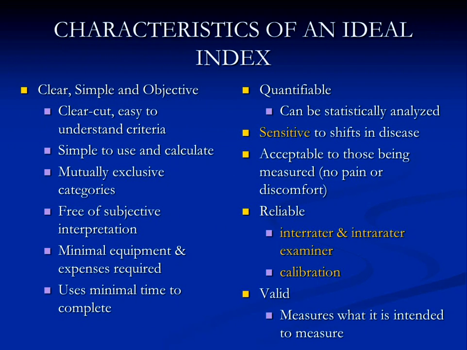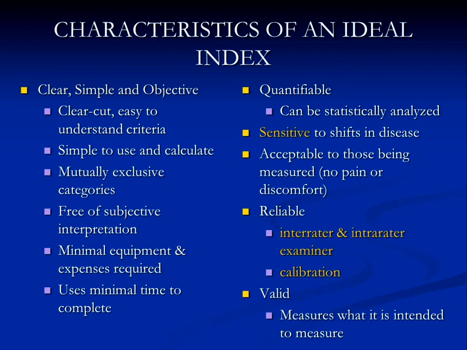So when we are developing an index, there are some characteristics of an ideal index. And this is one of the slides that I would star and note, because sometimes they will ask the characteristics, the ideal characteristics of an index. The first one is that the index is clear, it's simple, and it's objective.